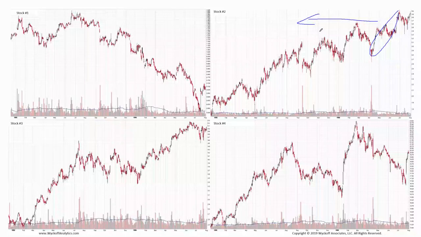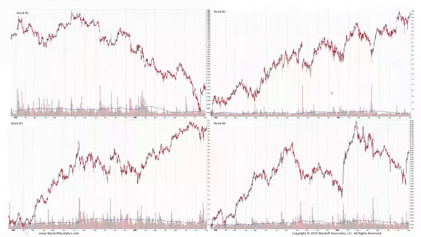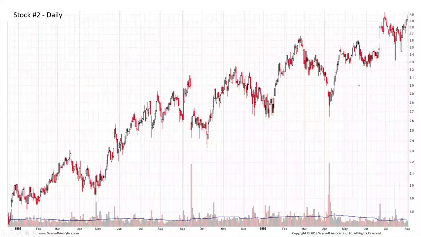Are we outperforming here? Probably not as much. I would have to go point by point just to come to a conclusion on this. But there is something about stock number 2. Let's look at stock number 2 in more detail.